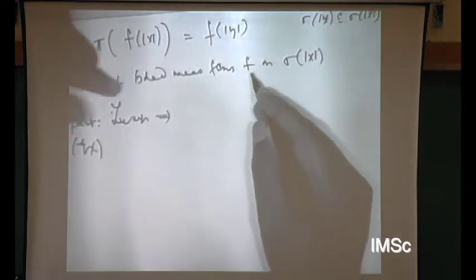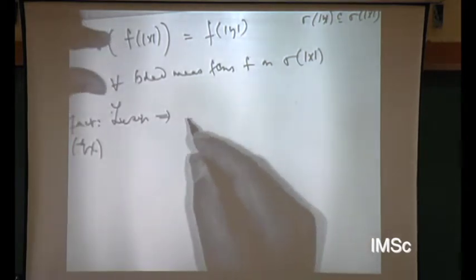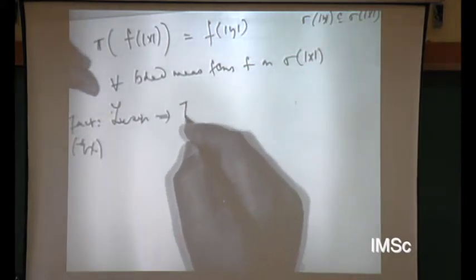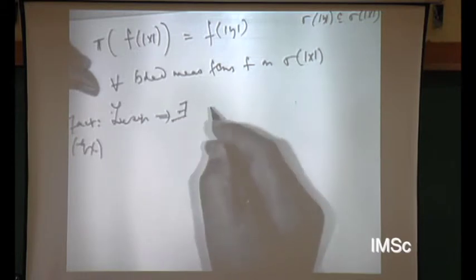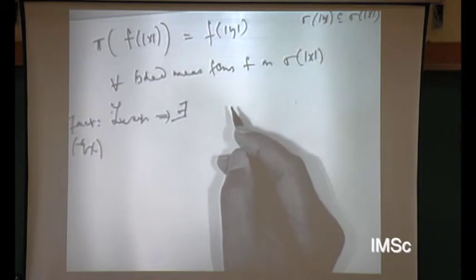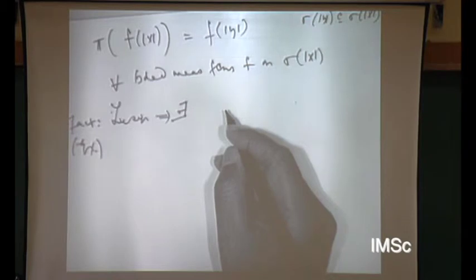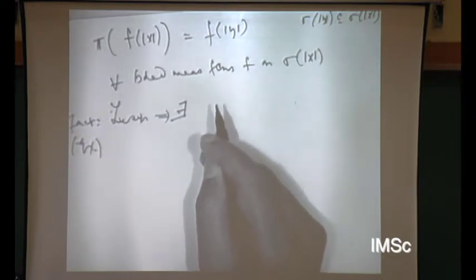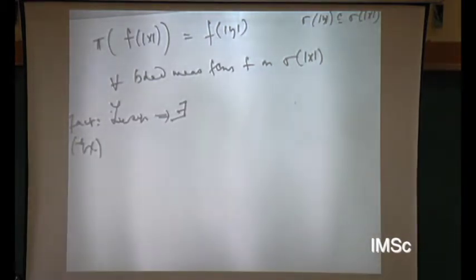Given such a bounded measurable function, I want to say there exists an almost everywhere statement.